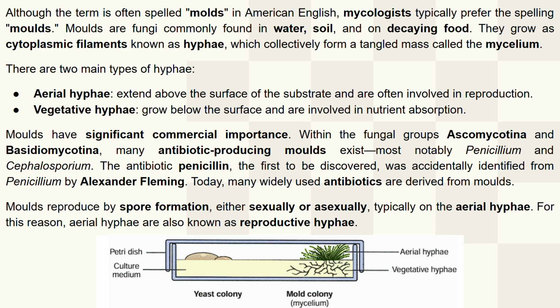Molds reproduce by spore formation, either sexually or asexually, typically on aerial hyphae. So in aerial hyphae, those sexual and asexual reproduction processes are performed. And in vegetative hyphae, its purpose is nutrient absorption.